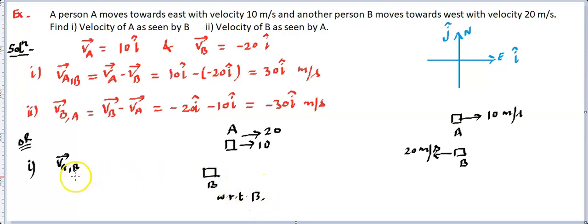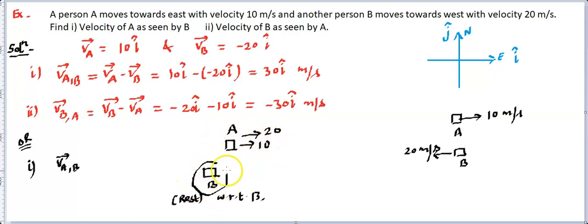So whatever frame of reference we are choosing, we need to make that frame of reference at rest momentarily, and in that particular case, see how the other thing is going to behave. So this will find itself at rest, and as per this, A will be moving. And for that, whatever the velocity of A, maintain that.